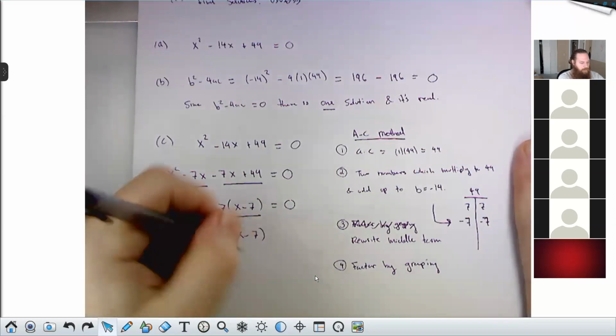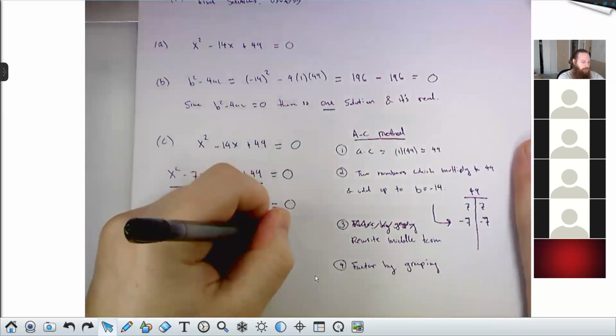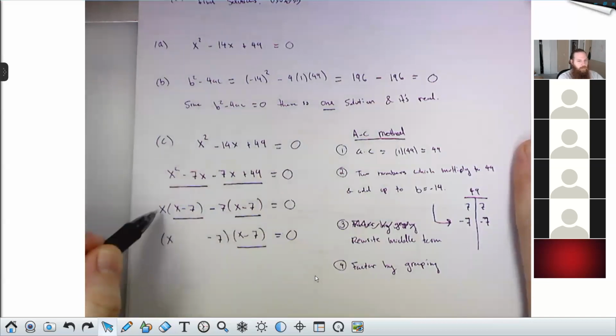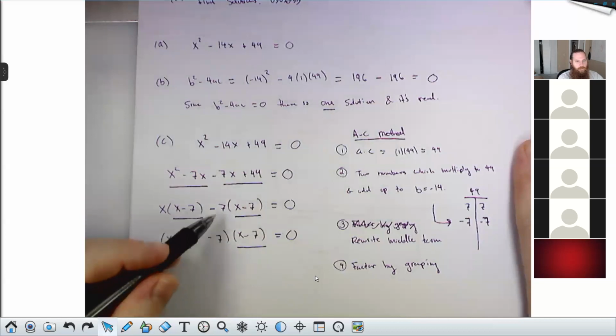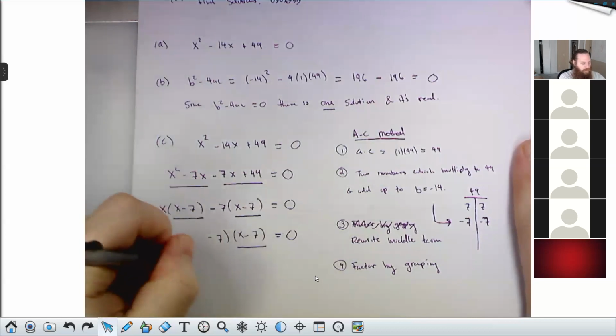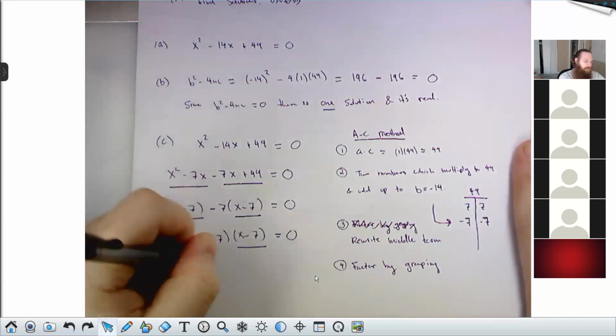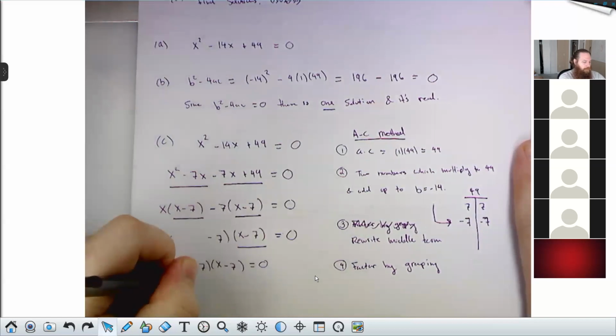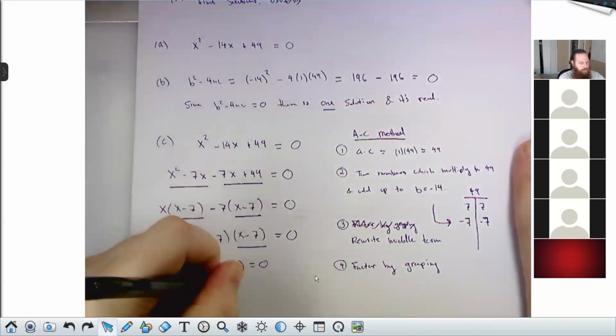So the underlined expression has been pulled out, and the big gap expression here is just the first term here and the first term here. But really, what is this? This is x minus 7 times x minus 7 equals 0, or x minus 7 squared equals 0.